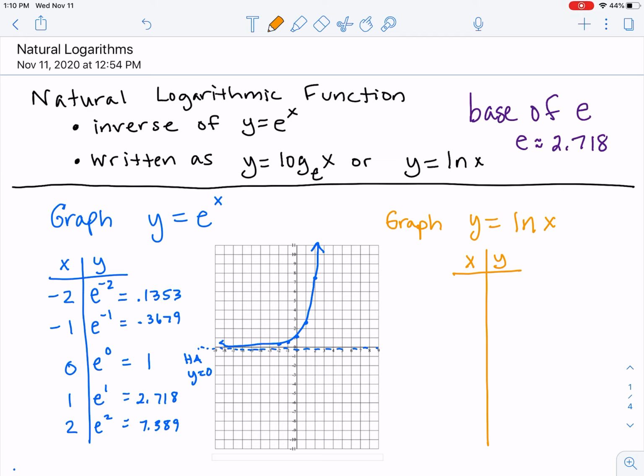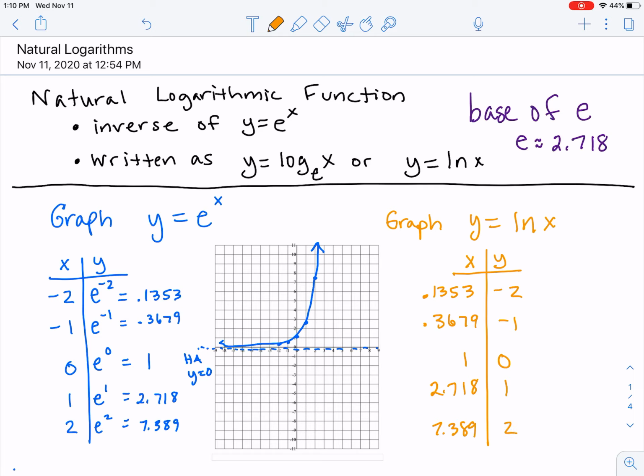So that means I would have (0.1353, -2), (0.3679, -1), (1, 0), (2.718, 1), and (7.389, 2).